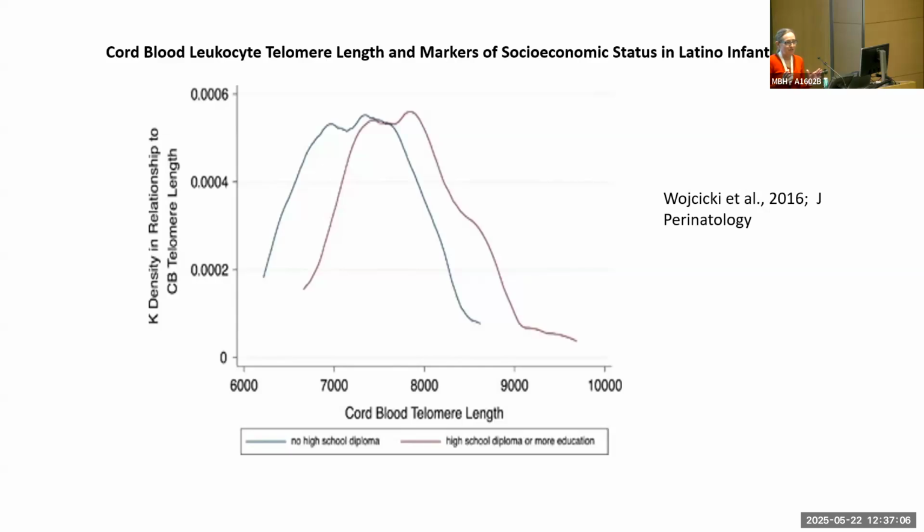We didn't necessarily find anything in this particular study with stress, but if you think of social deprivation as a type of stress, for sure, then that resulted in accelerated shortening for the baby at birth.